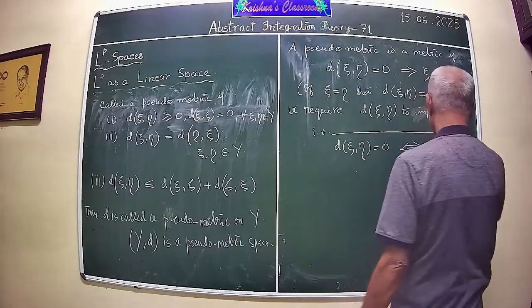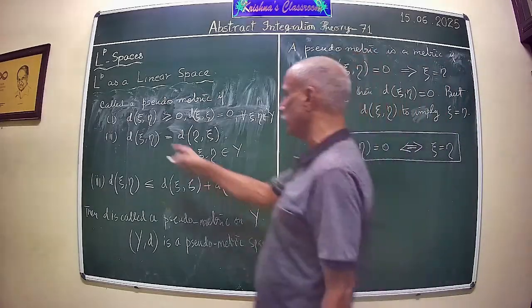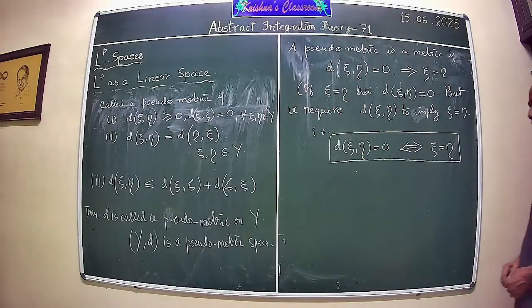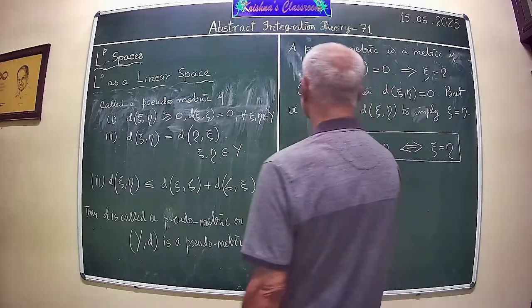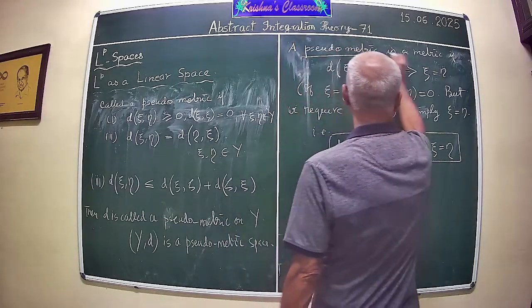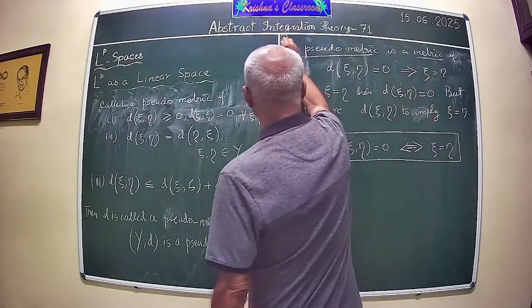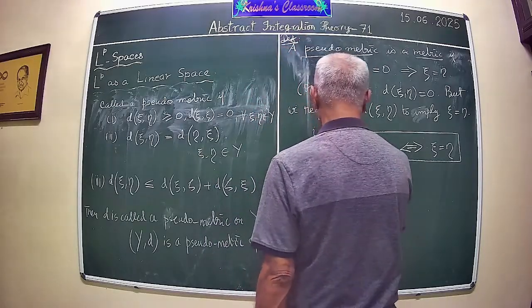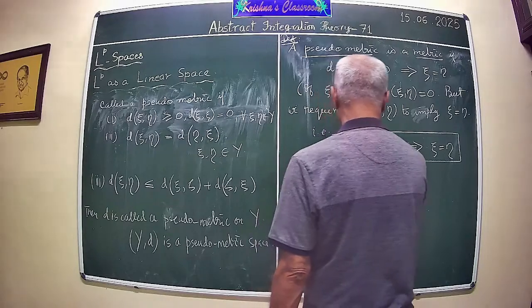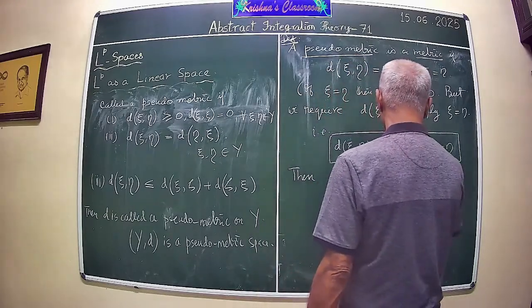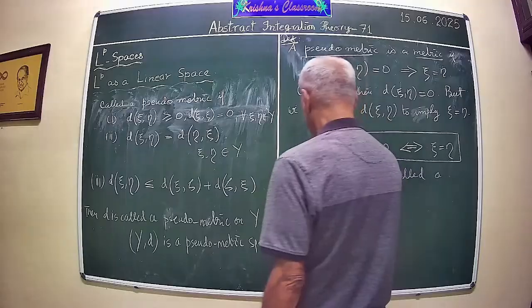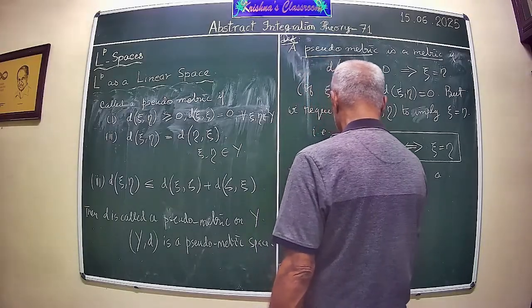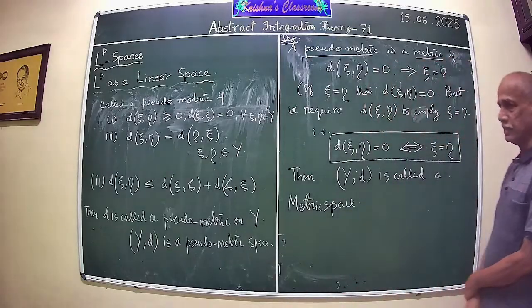So if this is the one that is satisfied in place of the first one, then this in turn implies that it's a topological space.